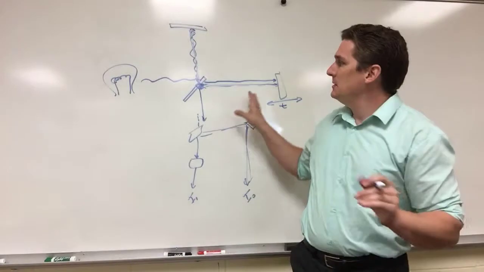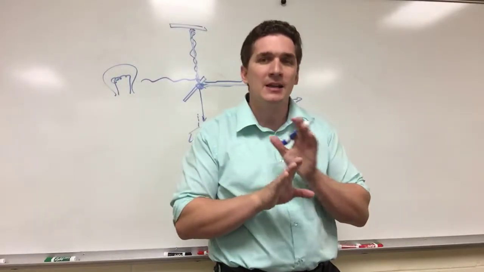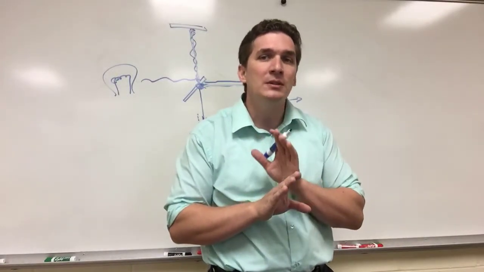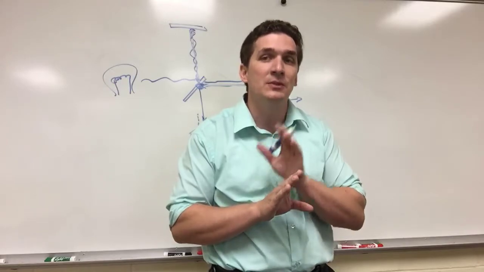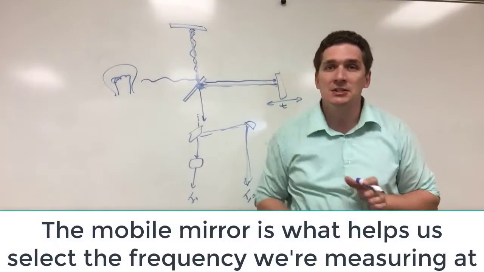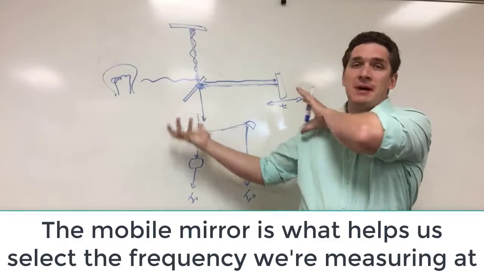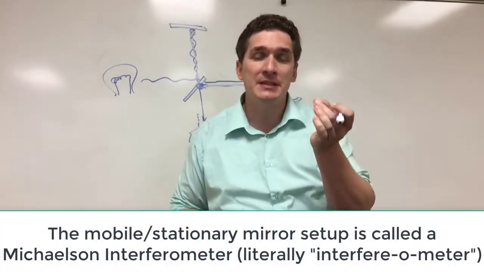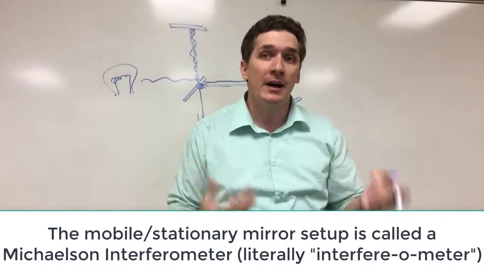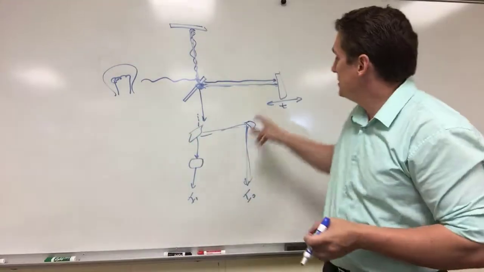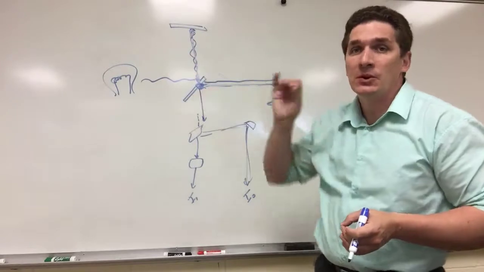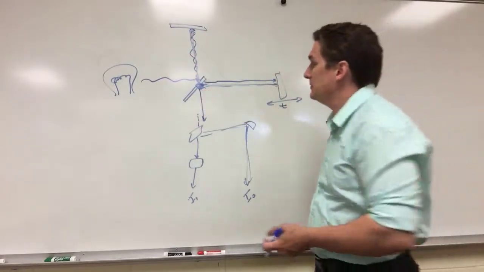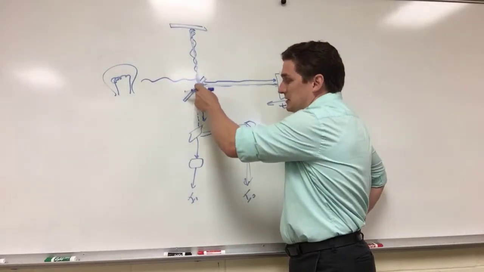So this moving mirror creates a specific frequency that is the only frequency that is constructively interfered with the other light coming off the stationary mirror. This is what's referred to as a Michelson Interferometer. This is basically how we're going to make a monochromatic IR light source. Based on its position relative to the stationary mirror, we're only going to get a certain frequency that passes through. Now, this frequency is going to get passed down.